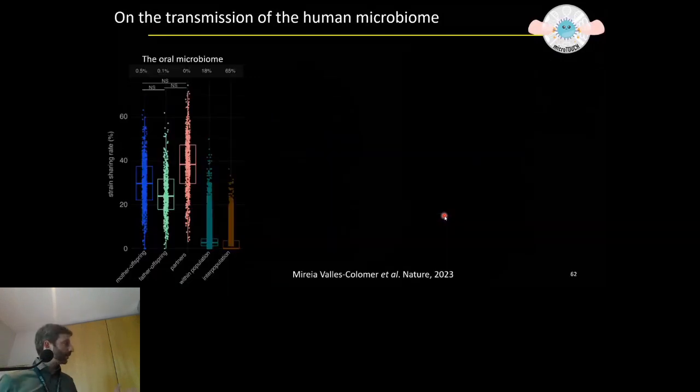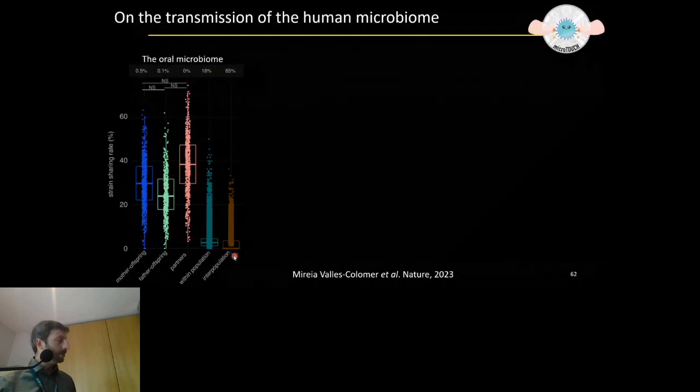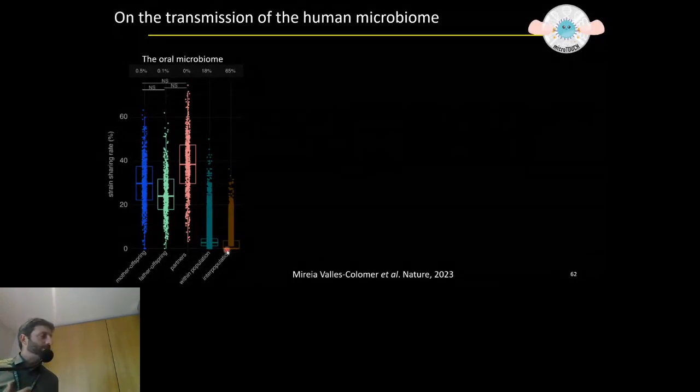We saw it in the gut, but also in the oral cavity. These are partners living together, and this is the oral microbiome with more than 40% strain sharing, compared to 0 strain sharing in individuals that are unrelated to one another. So this can lead to an important conclusion.